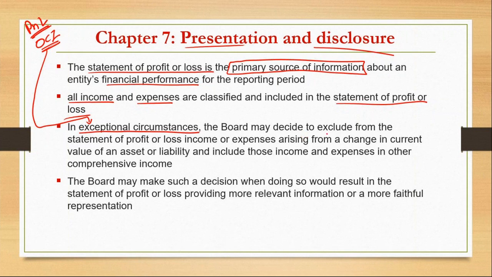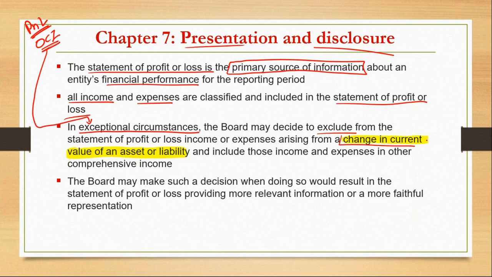The board may decide to exclude from the statement of P&L income or expense arising from a change in current value of an asset or liability. The current value means the one that we have just discussed in chapter 6, measurement.